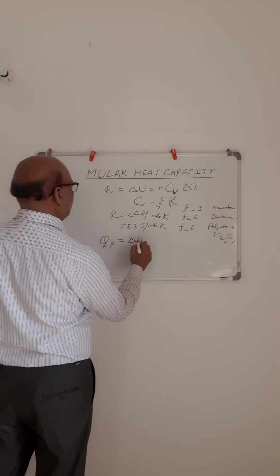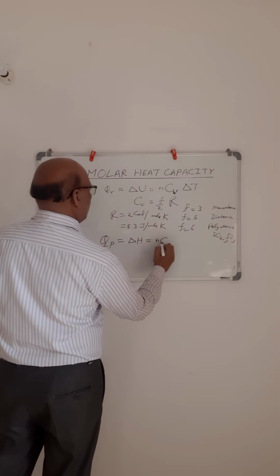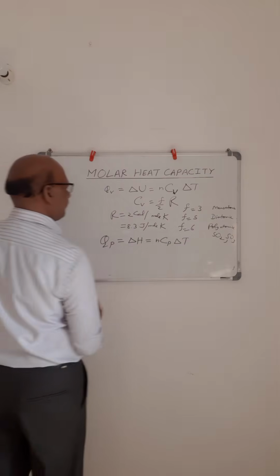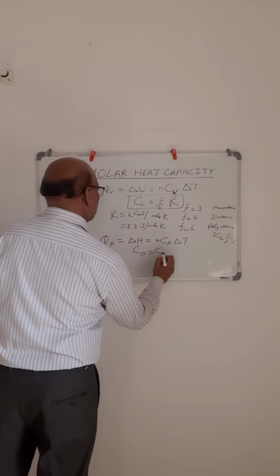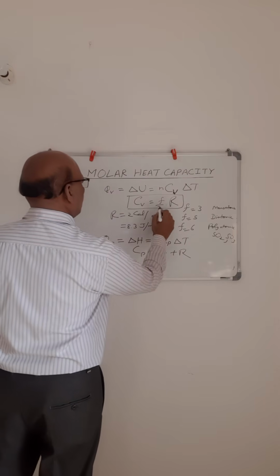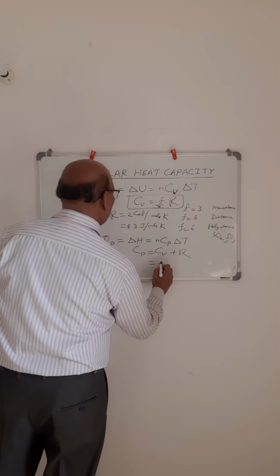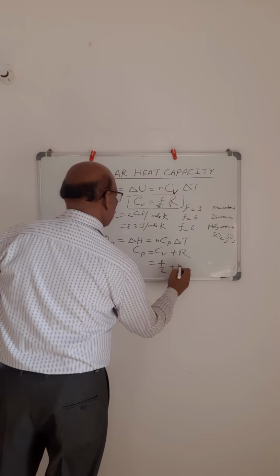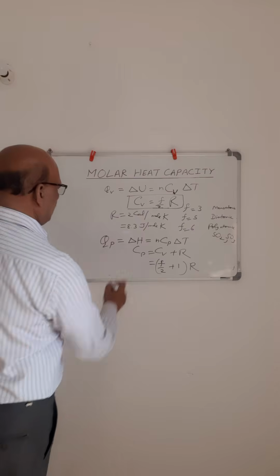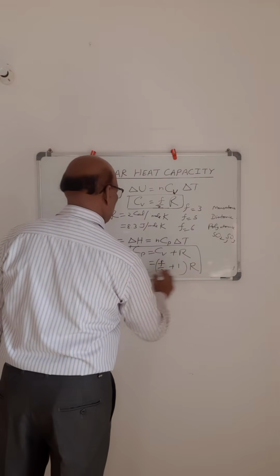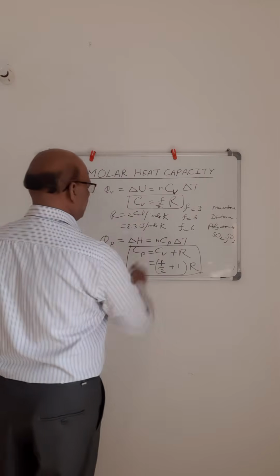It is nothing but delta H, where H is the enthalpy, so delta H is the change in enthalpy, equal to n Cp delta T. Once we know the value of Cv, we can find the value of Cp, that is Cv plus R. So we can write that Cp is f by 2 plus 1 into R. Once we know the value of Cp, we can find the enthalpy change of the gas.